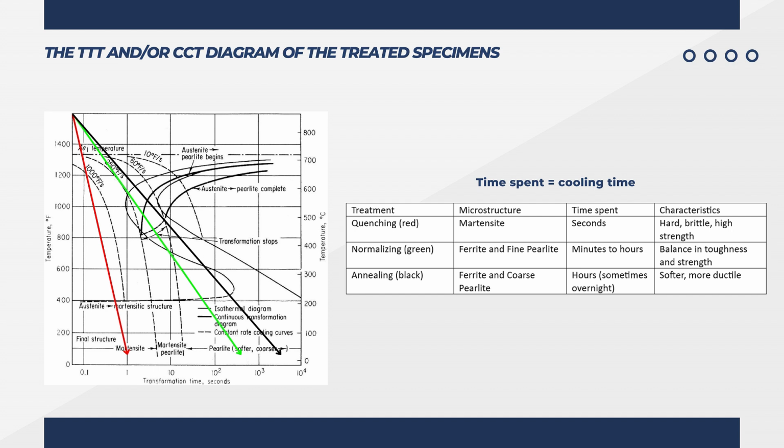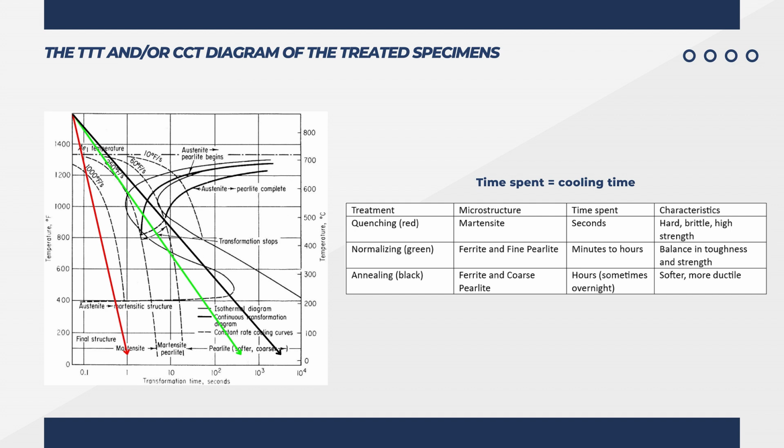So for the specimen which is treated by normalizing, as can be seen from the green arrow, the specimen is touching the CCT curve and falls to the right side of the curve, so we can conclude that the microstructure of the specimen will be transformed from austenite to fine perlite and ferrite, and the time span for the specimen is approximated at around an hour. And the characteristic of the normalized specimen is a balance in toughness and strength.